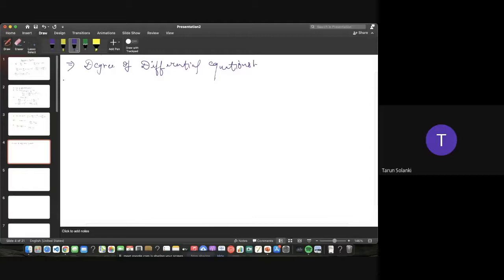If we take an example like (1 plus (dy by dx) square) to the power 3 by 2 is equal to L d square y by dx square, now we have to find the degree of this equation.